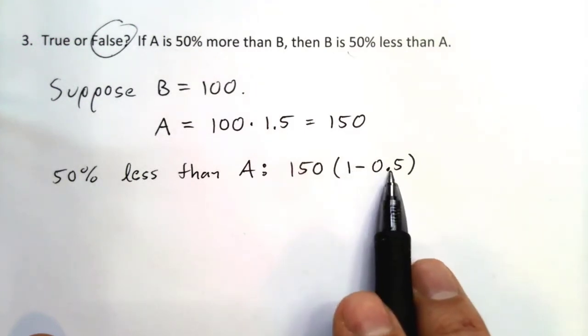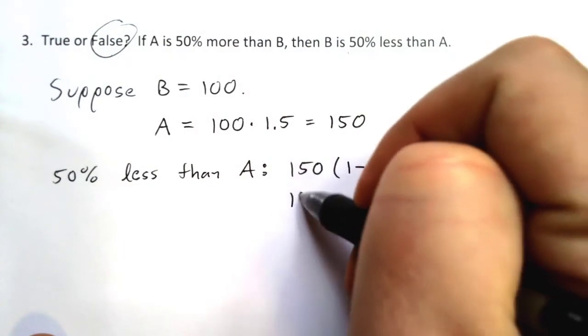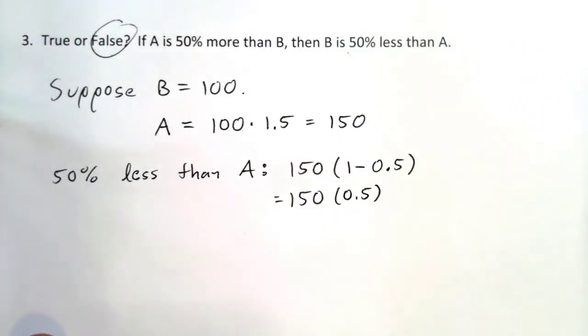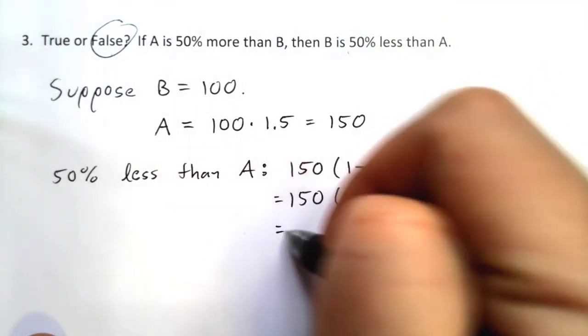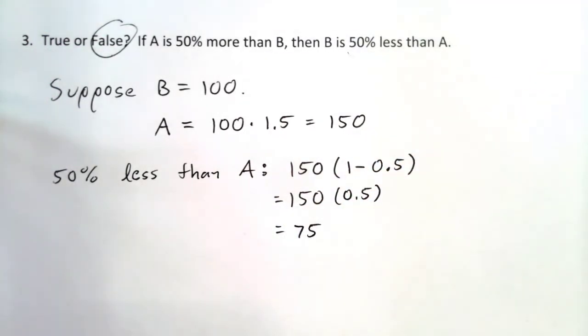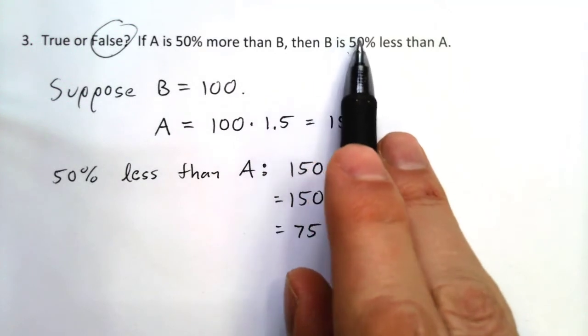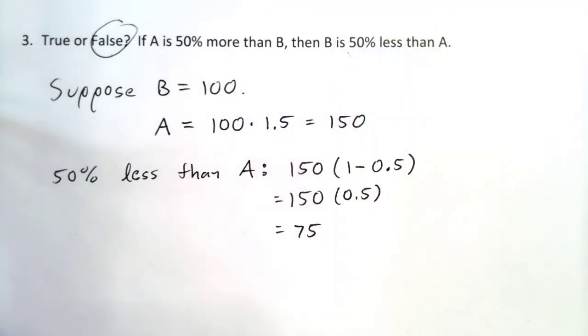So 1 minus 0.5 is, again, 0.5. So this is just multiplying by 0.5. What's 150 times 0.5? It's 75. So 50% less than A is 75. Notice that's not B. B is not 50% less than A. And so this is an example illustrating why this is false.